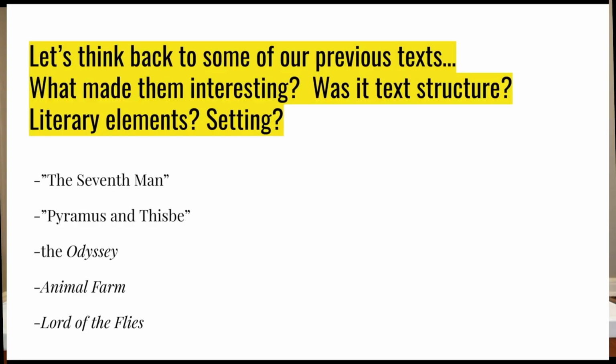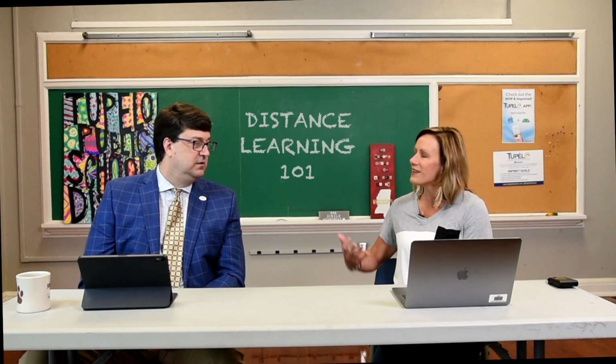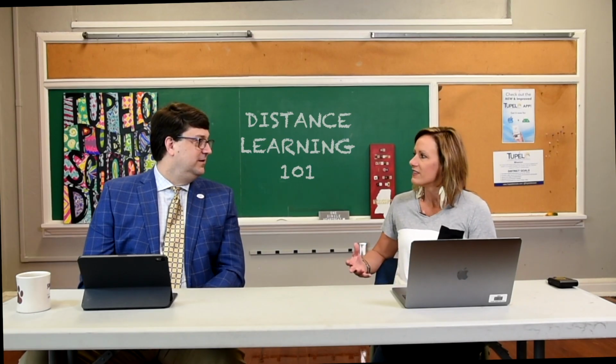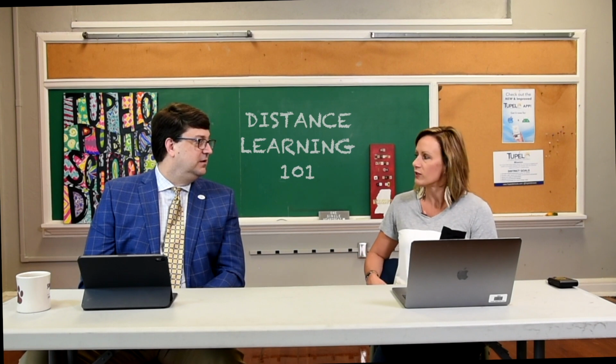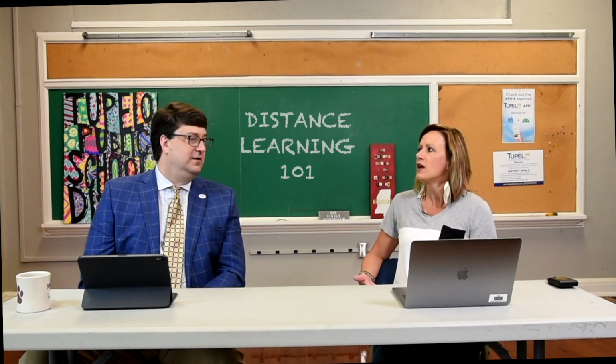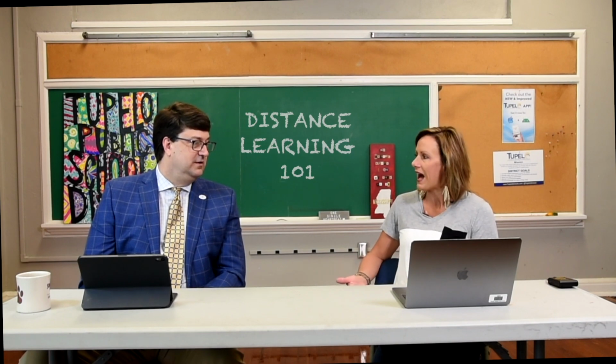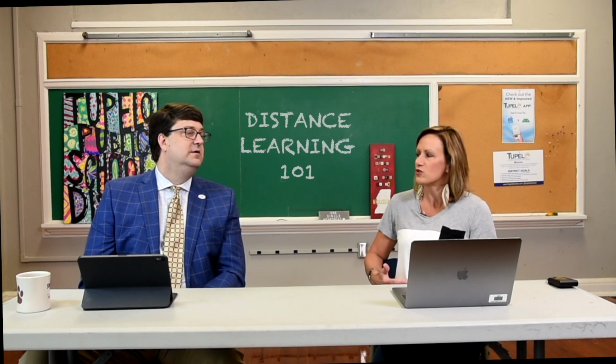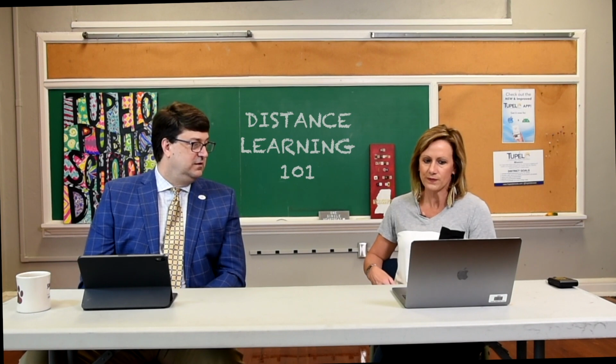Gotcha. Then Pyramus and Thisbe is kind of similar to Romeo and Juliet, but it was written prior to Romeo and Juliet. And what makes it interesting is the irony. Just like in Romeo and Juliet, they do not realize that the other one is not dead and they kill each other. So once again, I'm bringing up that whole irony and that twist. Right. Those twists and turns are what make a story.